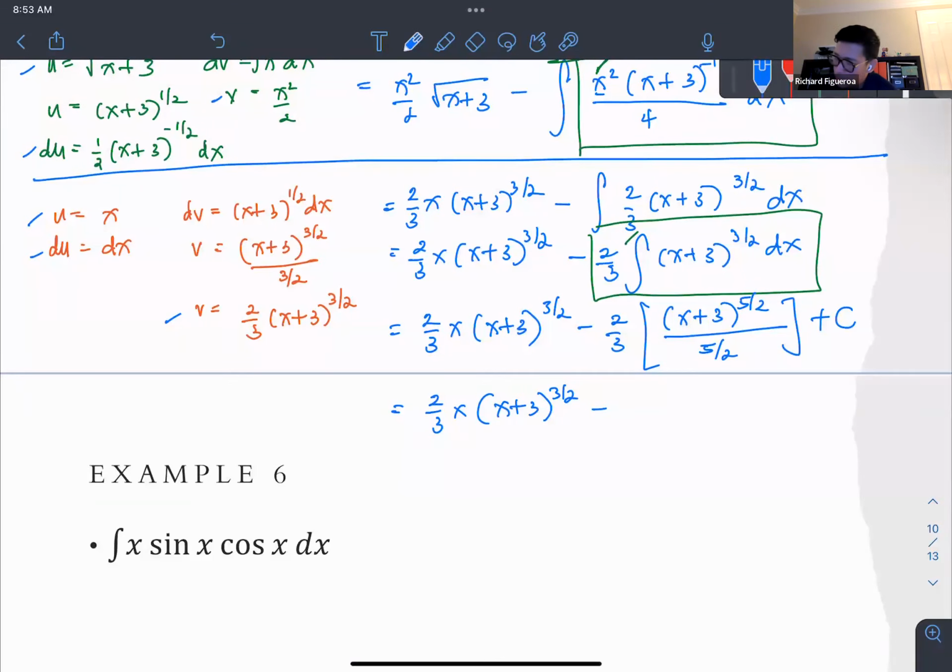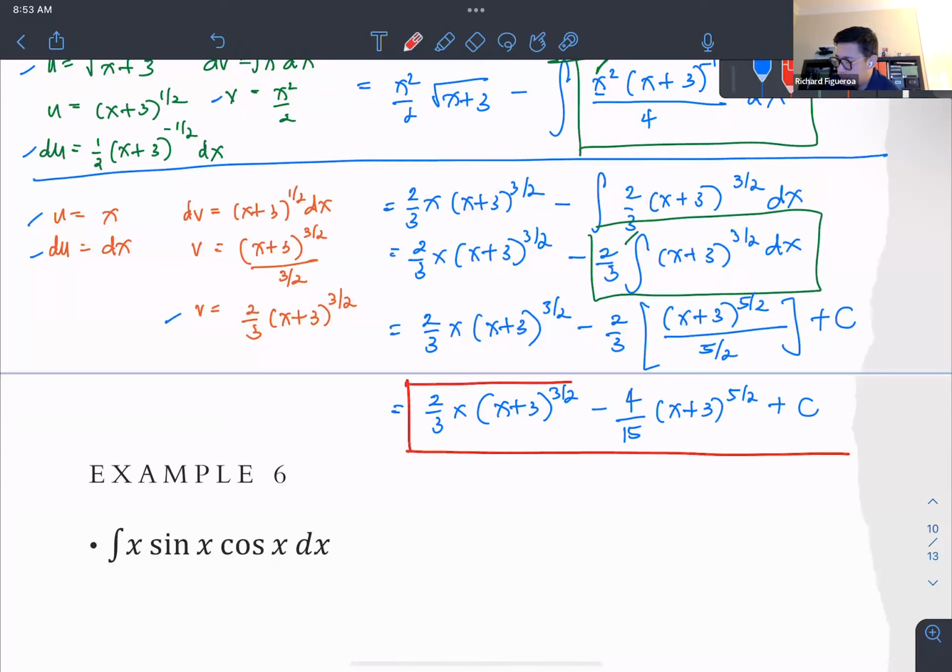So 2 times 2 is 4, 3 times 5 is 15. So 4 over 15, and then x plus 3 raised to 5 all over 2 plus c. And that's it. So 2/3 x times x plus 3 raised to 3 over 2 minus 4 over 15, x plus 3 raised to 5 over 2 plus c.